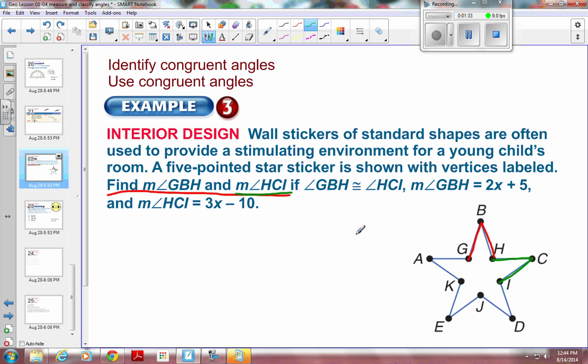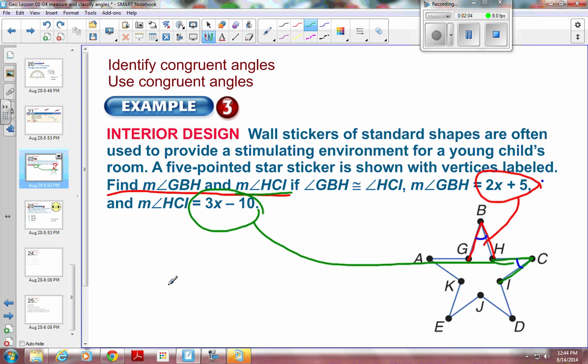If GBH and HCI are congruent, that means they have the same angle measurement. So this angle here has the same angle as that angle there. GBH is 2x plus 5, and HCI is this 3x minus 10.